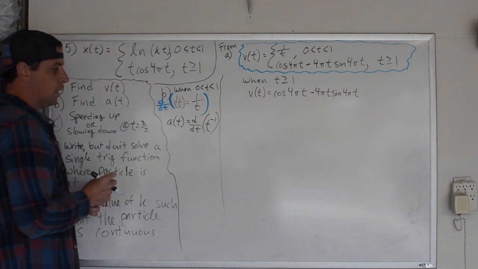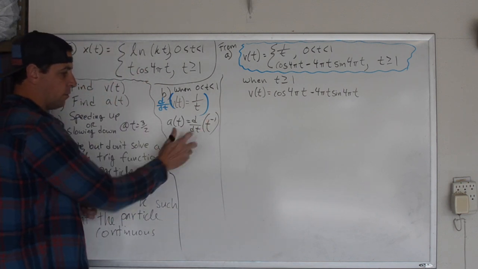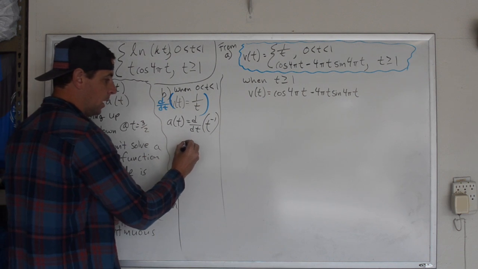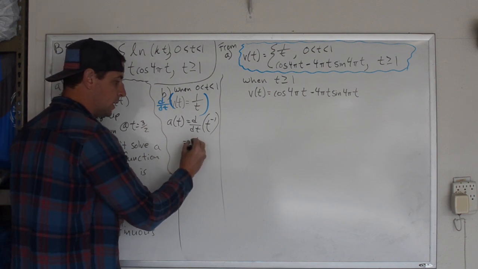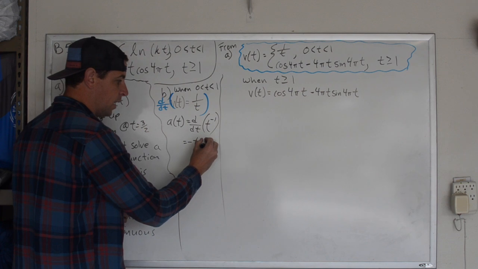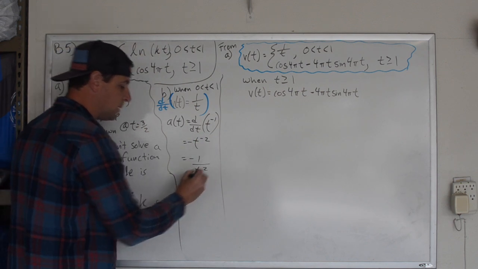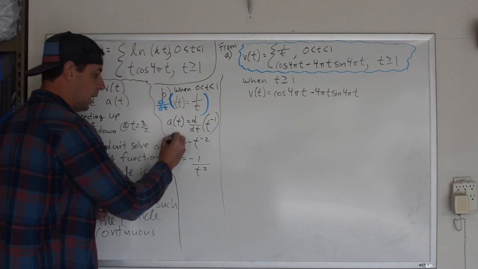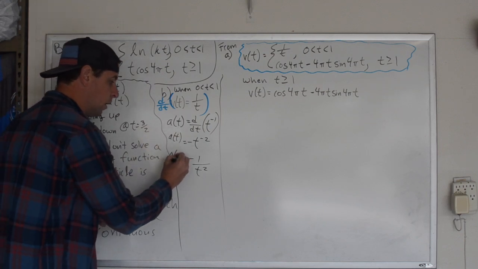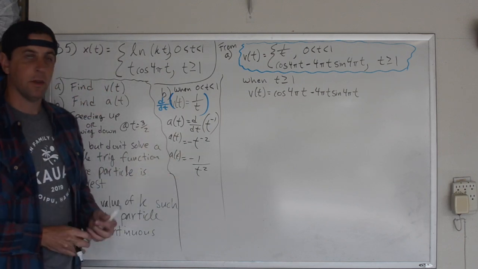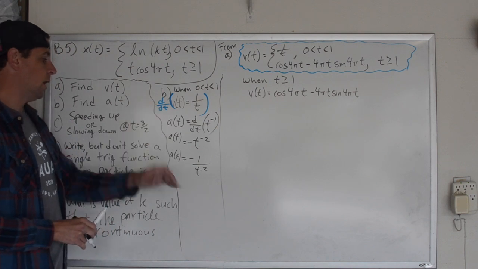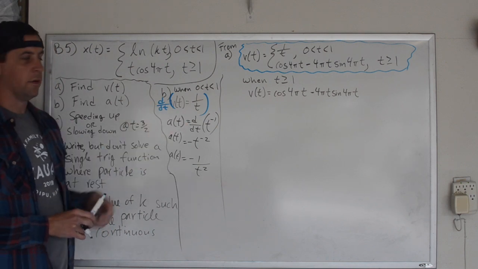The derivative of this would then end up being negative t, and I subtract 1 from that, so negative 2. And this would equal negative 1 over t squared. And so this would be a of t. This is relatively straightforward to find a of t for this function.